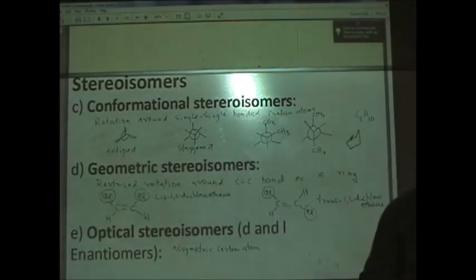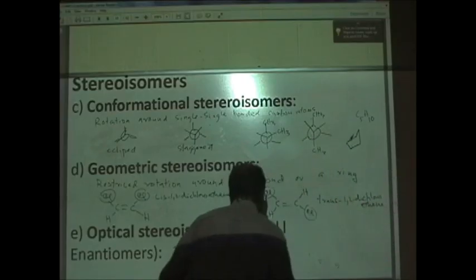Now, something related to this is this. My 2 hands are mirror images of each other, right? But can I superimpose them? That means exactly, no. When I try to rotate it, no. These are also called chiral carbon.